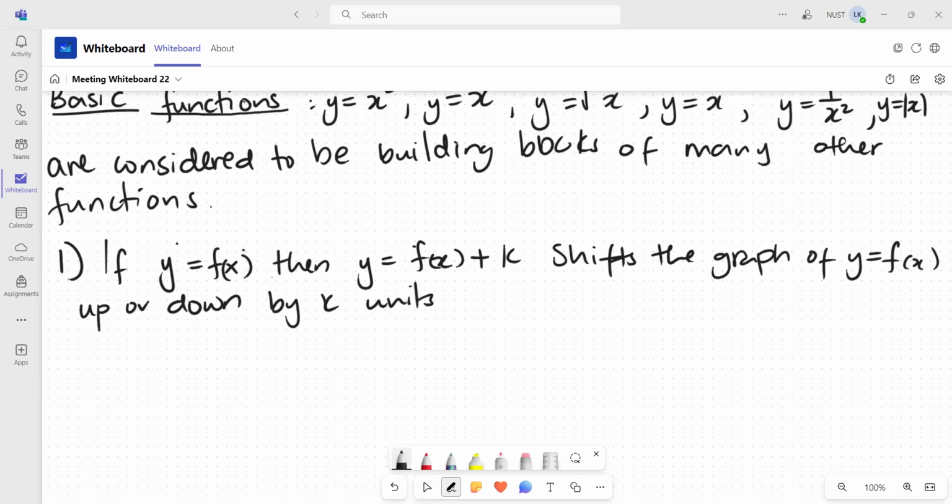So if k is positive, then it'll shift it up. If k is negative, then it will shift it down.